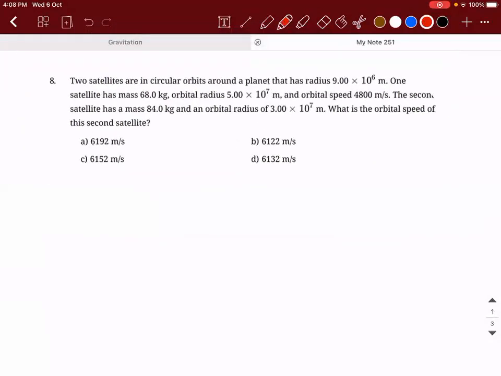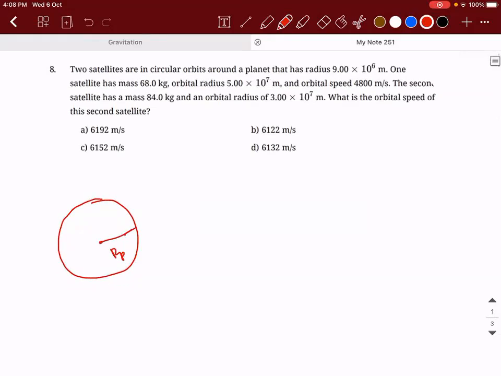So two satellites are in circular orbits around a planet that has a radius of 9 into, so radius of the planet is RP. One satellite has a mass of 68 kilogram and orbital radius of 5 into 10 power 7 meter and orbital speed of 4,800 meter per second.